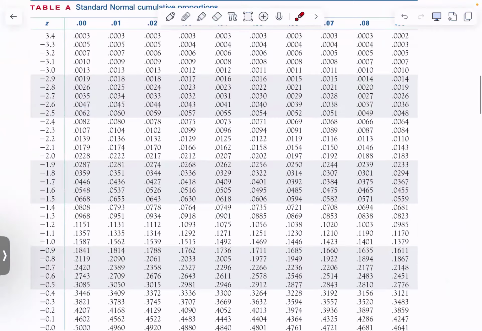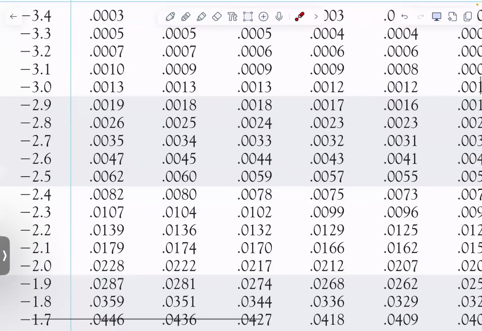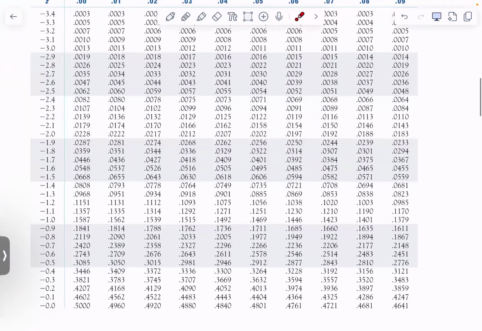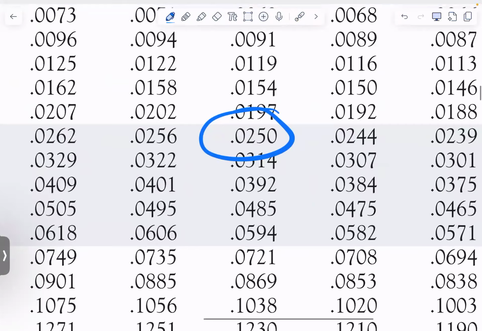And you don't want to get thrown off by this 0.0025, right? You want 0.025, bigger. 0.025 is the entry. What a jackpot. It's on here, plain as day.